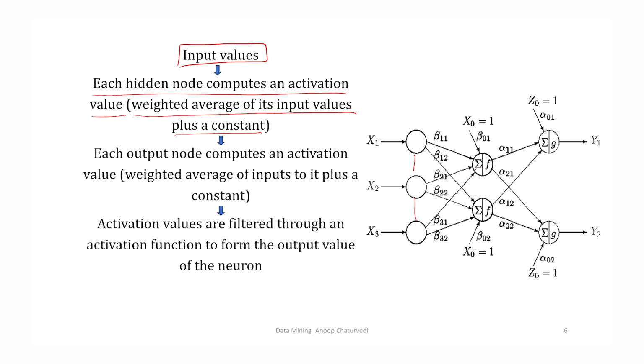So, we get this sum, and then we filter this sum using this activation function to form the output value of the neuron. So, ultimately you get some output value.